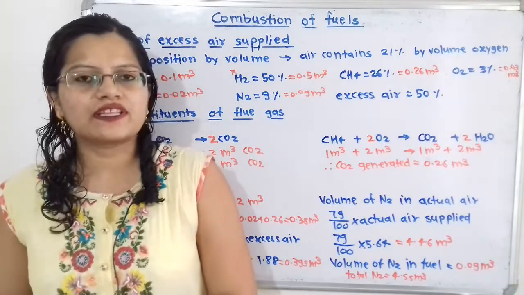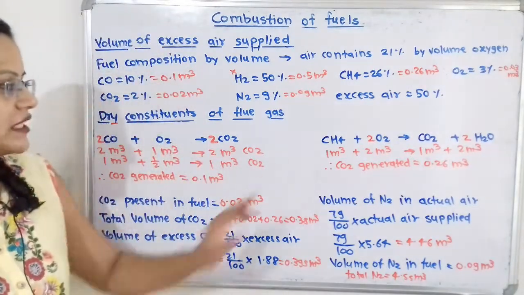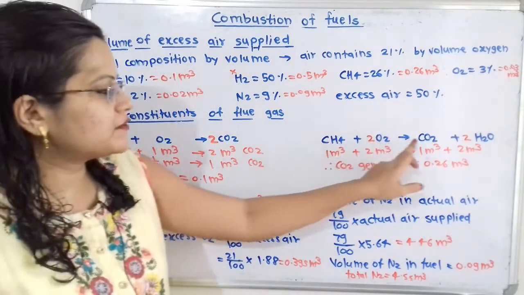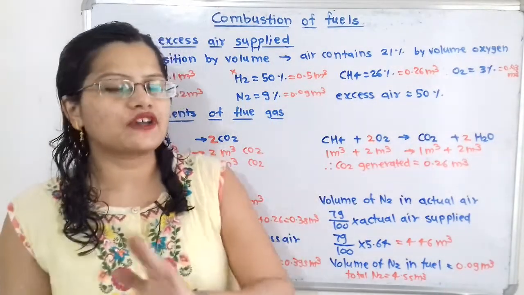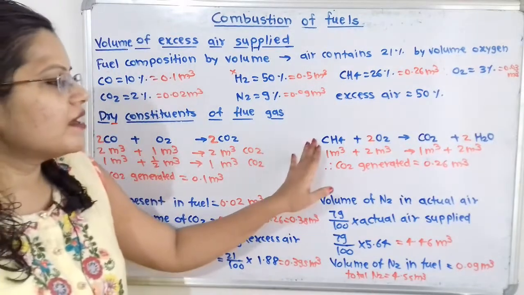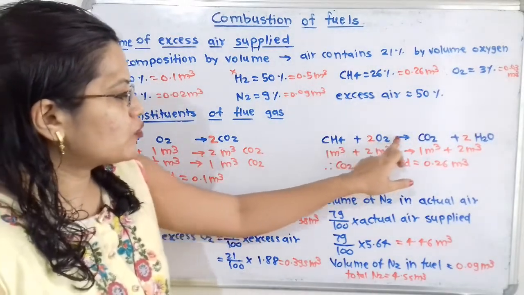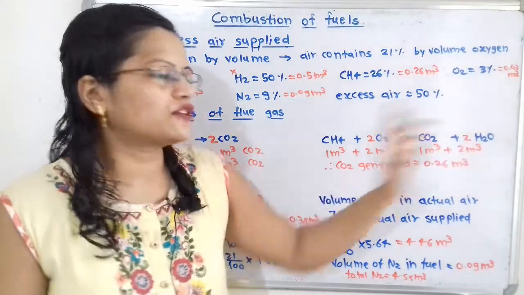Now we will move to the next combustion process, when methane combines with oxygen. When methane combines with oxygen, it forms carbon dioxide as well as water. So we will balance here, that is CH4 plus 2O2 gives us CO2 plus 2H2O.